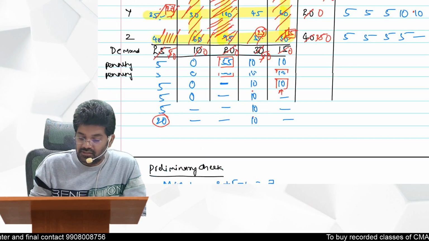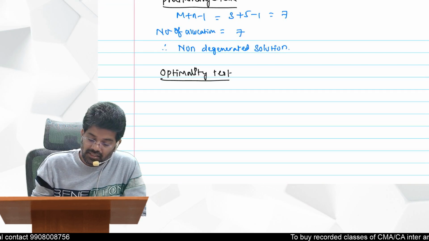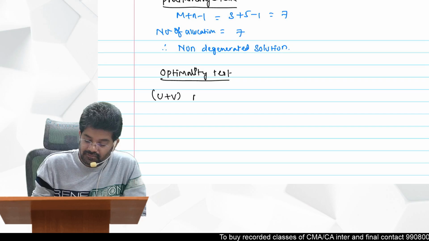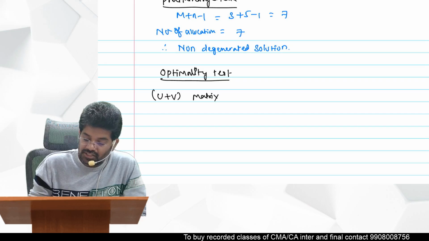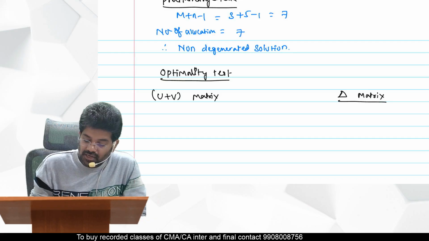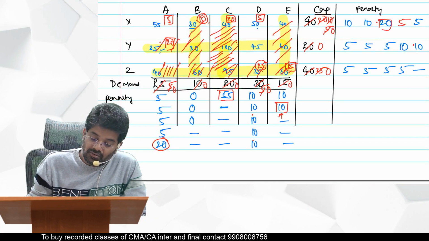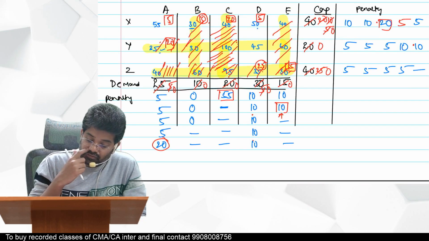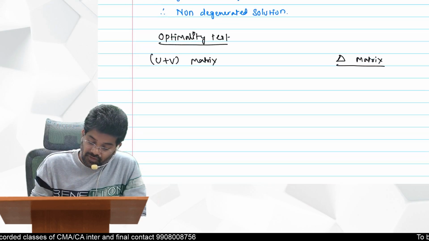Optimality test. First we should prepare U plus V matrix. U plus V matrix we should prepare. Then the other one is change matrix. Change matrix. First, how many are there here? 1, 2, 3, 4, 5. 5 columns.